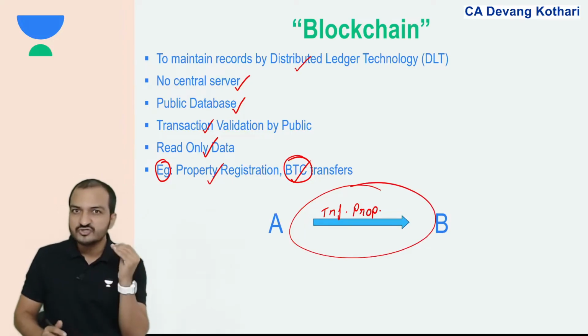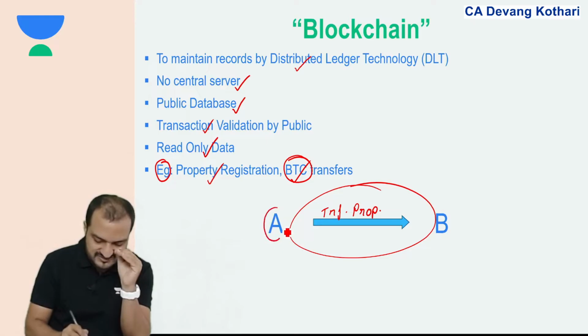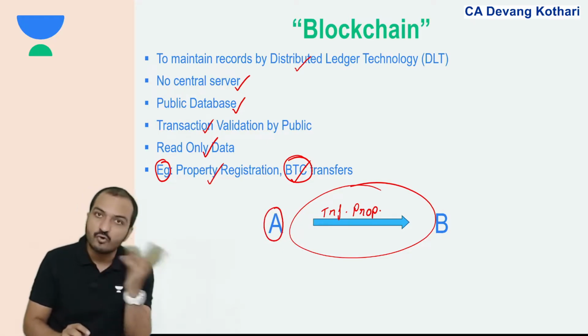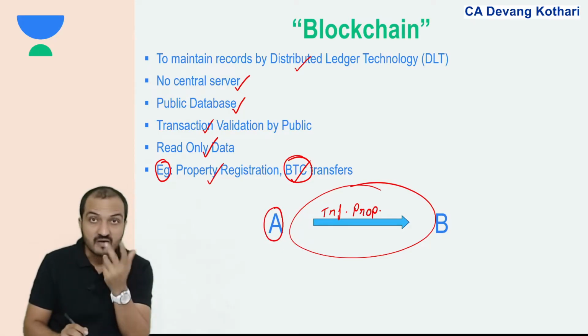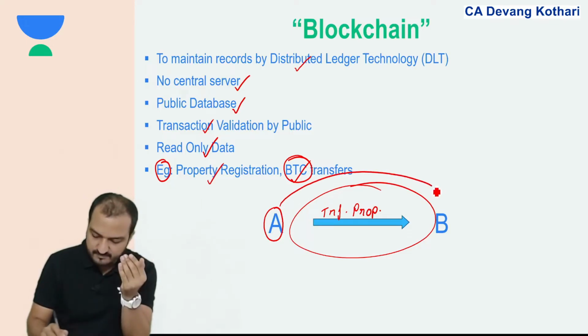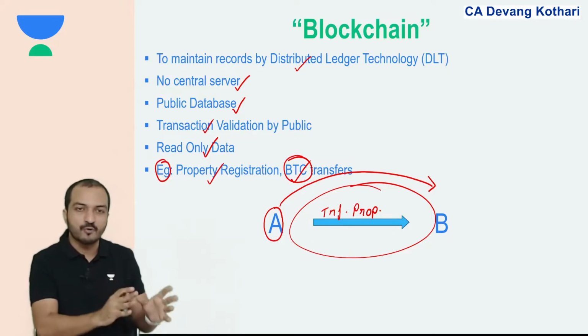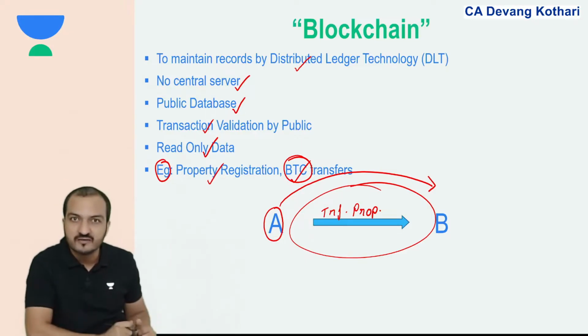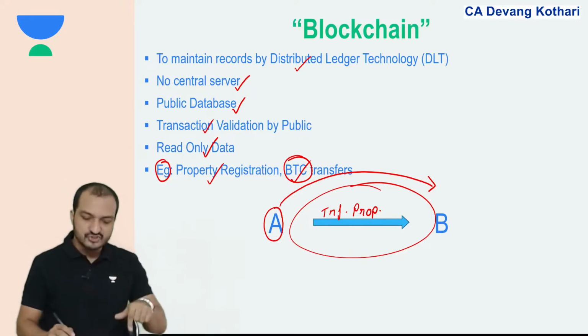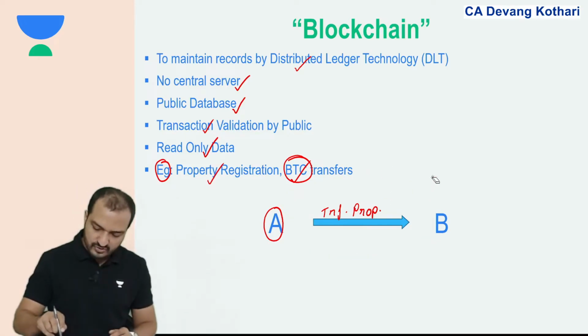Plus, he must also ensure whether Mr. A was the legal owner of the property or not. Because if A is transferring his property to B, then the registrar has to first ensure that the property is actually A's property or not. So he has to ensure that A is the legal owner of the property.